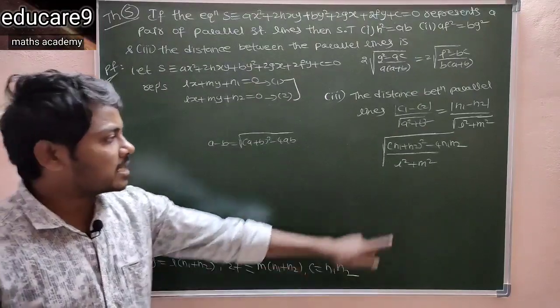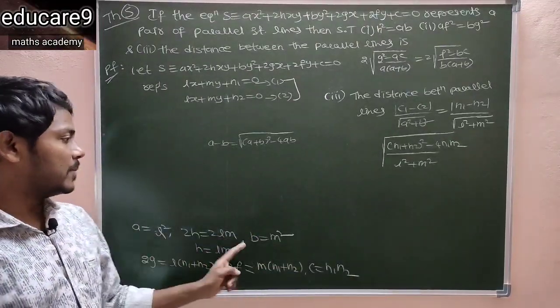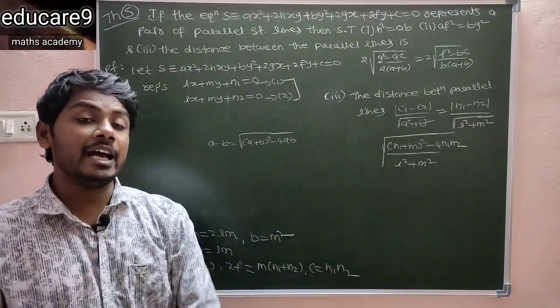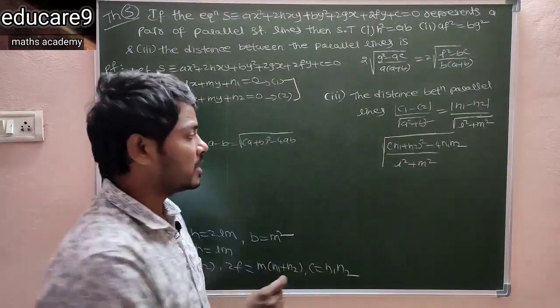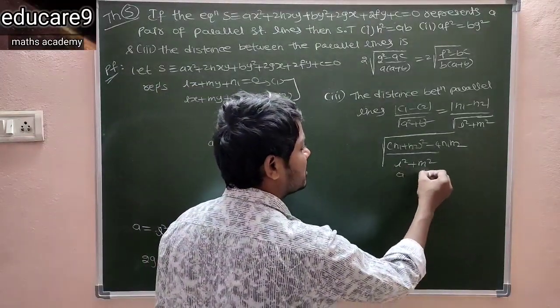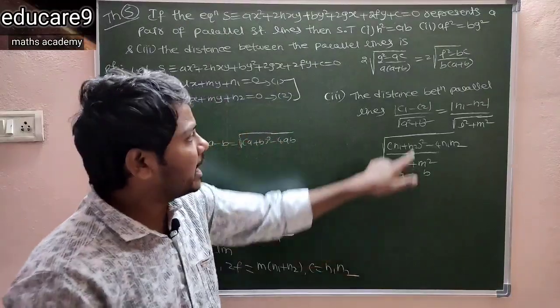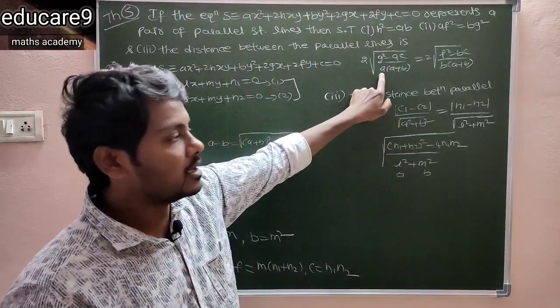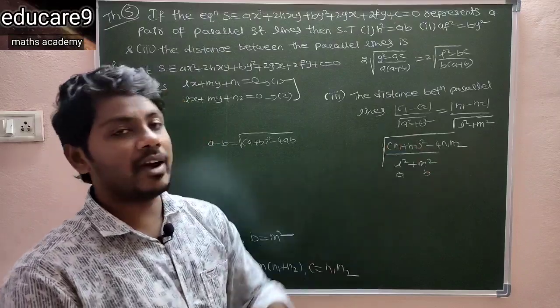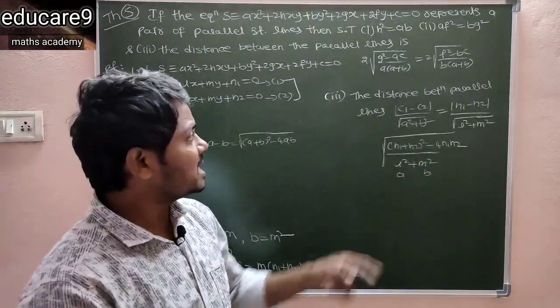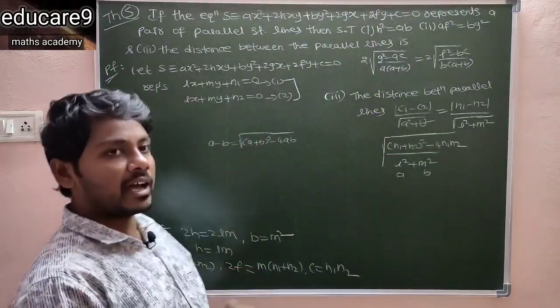Now, what is l square? A. m square is B. So clearly the denominator is A plus B only now. But here you want A only, so for that multiply and divide with A. What is the A value? L square.